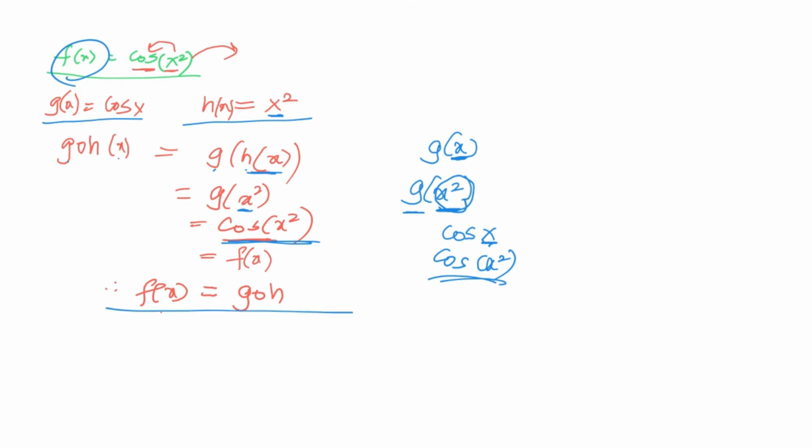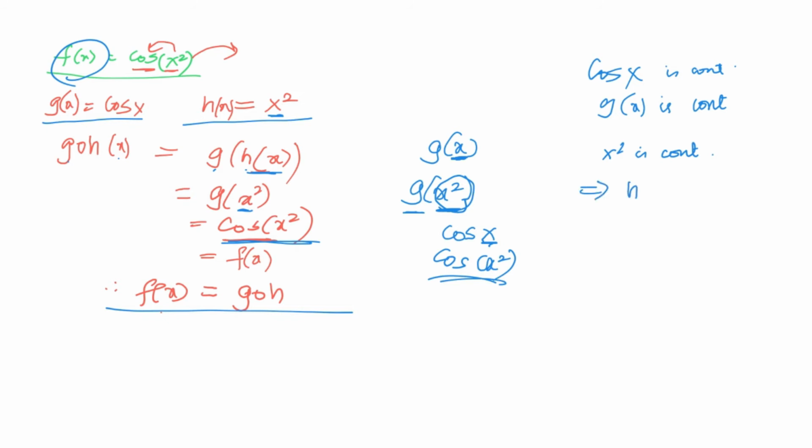Right? Now, what's the next step? We know that cos x is a continuous function, right? If cos x is continuous, we can say that g of x is continuous, right? And you look at h of x separately, x square is also continuous, correct?